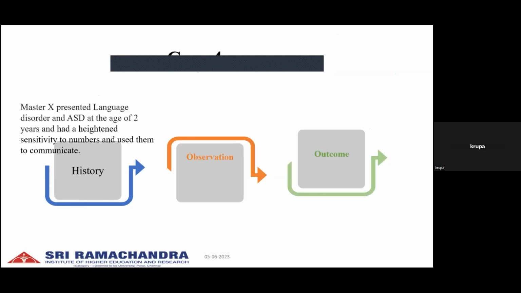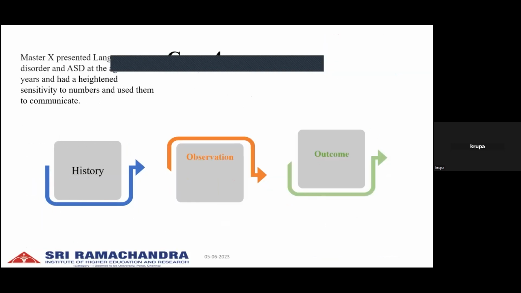And the final case presentation is again on a child who communicates with numbers. This was an interesting child where the parents came and reported that they had a different experience with the child, when the child was trying to ask them for the number 8 continuously for a day. Throughout the day he was trying to ask them about number 8.